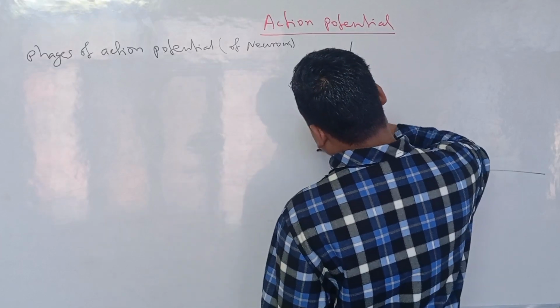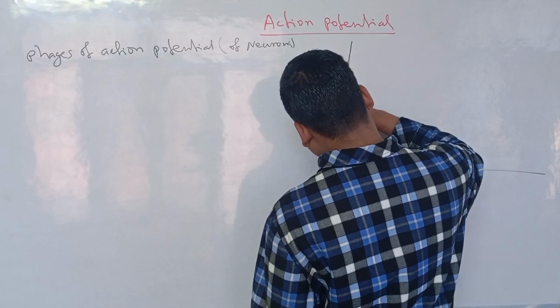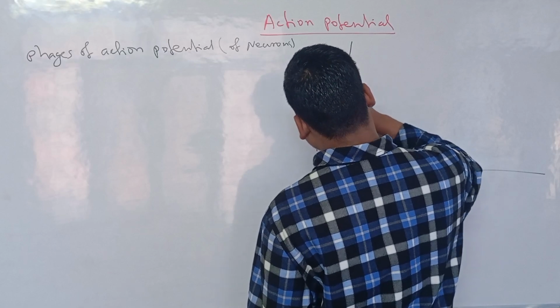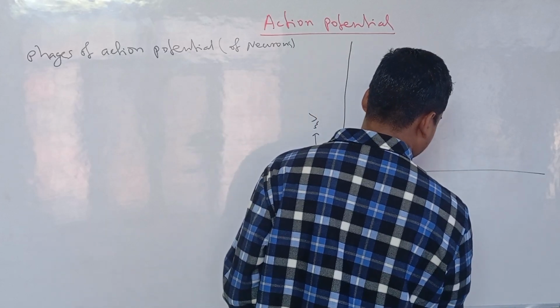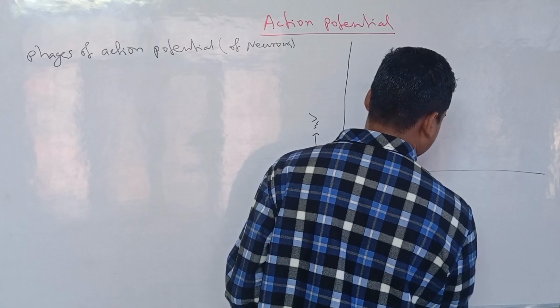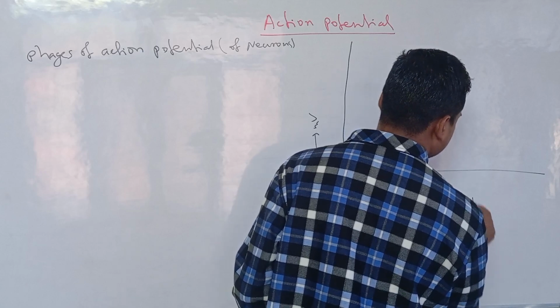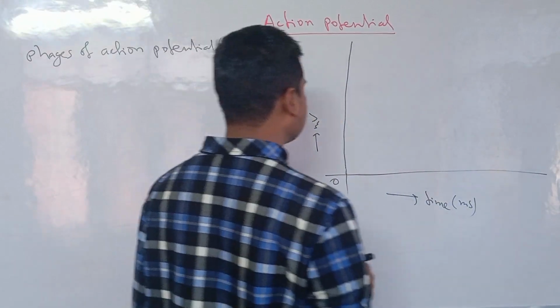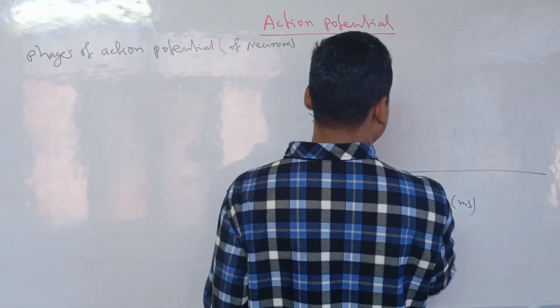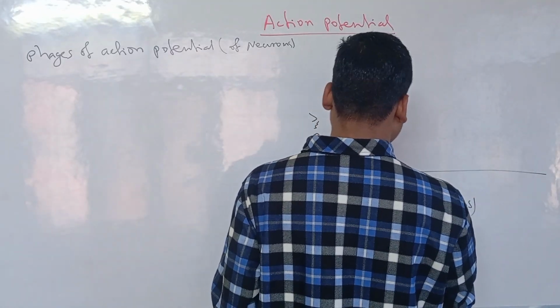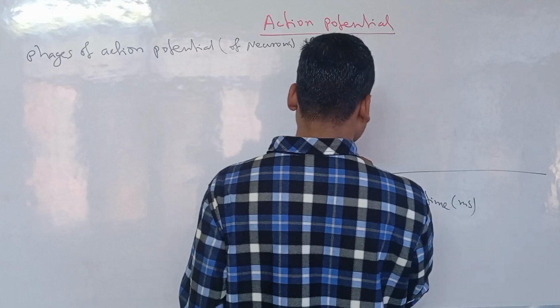This axis will be millivolt potential, and this axis will be time in milliseconds.